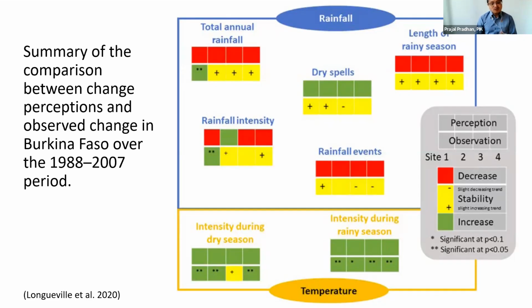Now, so one of the methods is to compare perception with data. And whenever you are doing some sort of perception-based analysis, and if you have data, especially in terms of climate or climate change, I would encourage you to look at this dataset as well, because sometimes things could match, but there are also things that could vary a lot.